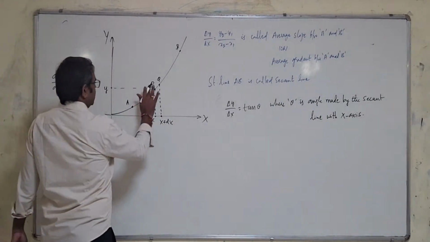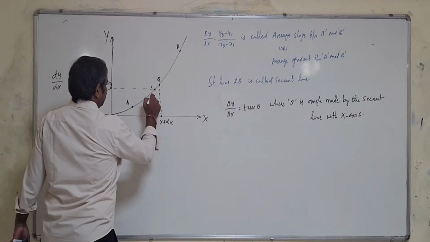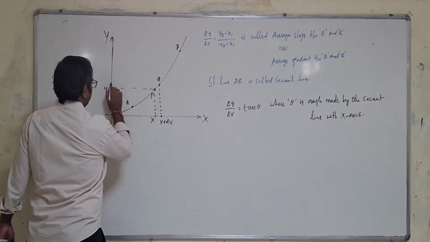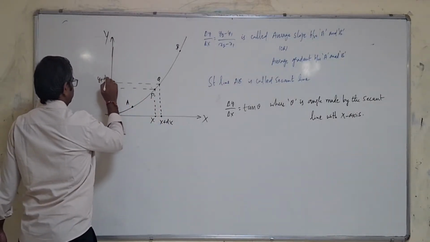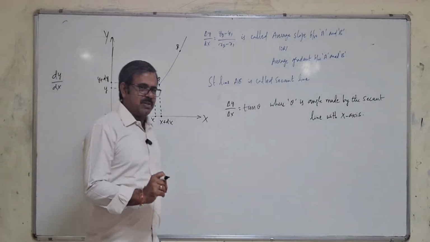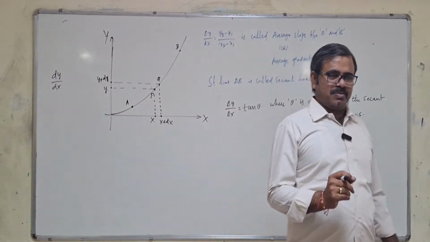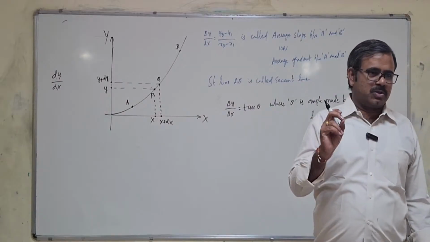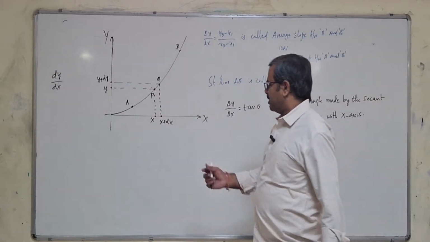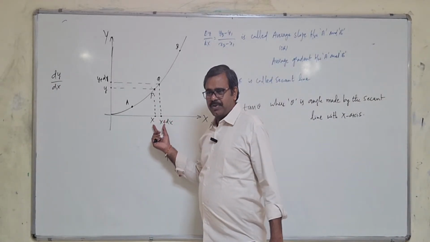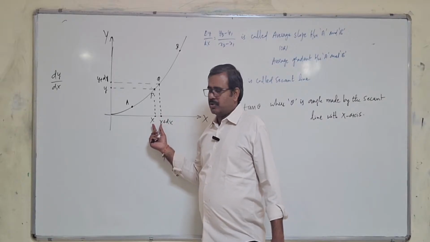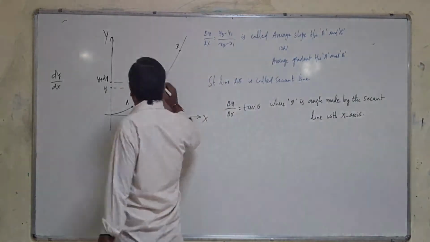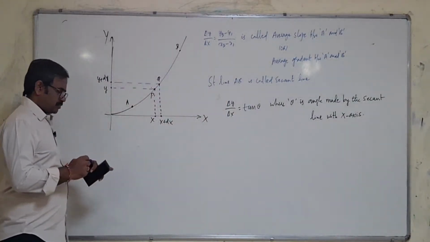Similarly, if the y coordinate of P is y, the y coordinate of Q is y plus dy. The point Q is very close to P because we wanted to make the interval infinitesimally small. So choose 2 points that are very close to each other.